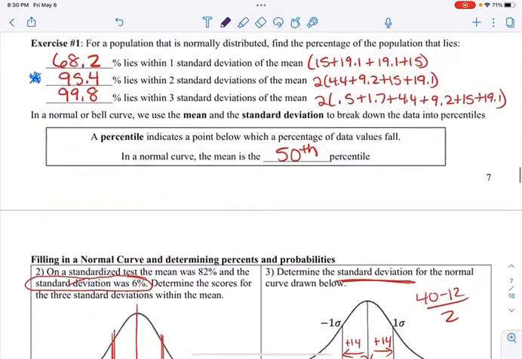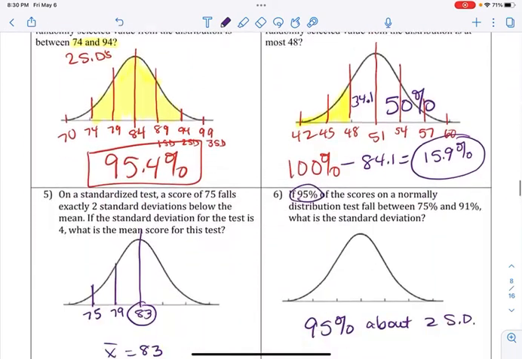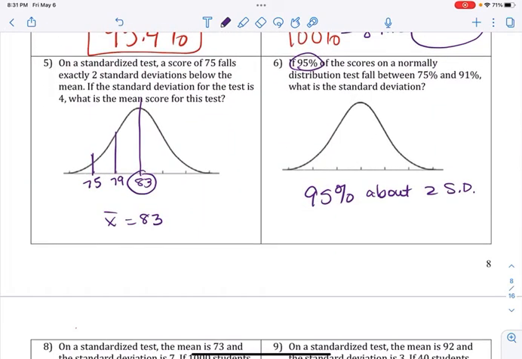Okay, 2 standard deviations was 95.4. But we're going to say it's about 2 standard deviations away. All right, and 2 standard deviations. So here's my mean. Boom, boom, 2 standard deviations. 75 is the lower score and 91 is the upper score.